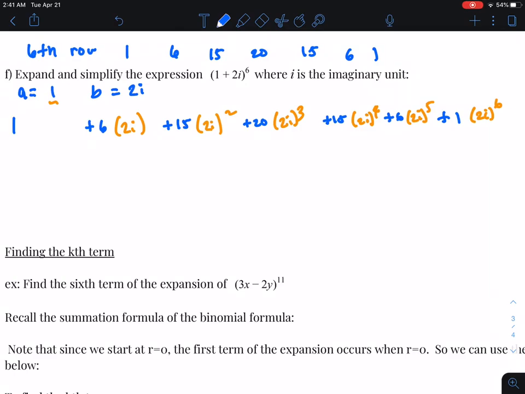So we're left here with 1 plus 6 times 2i. That should just be 12i.